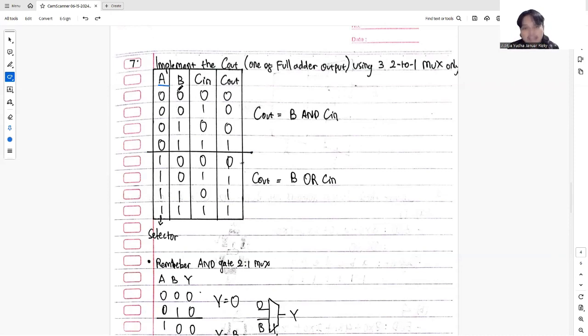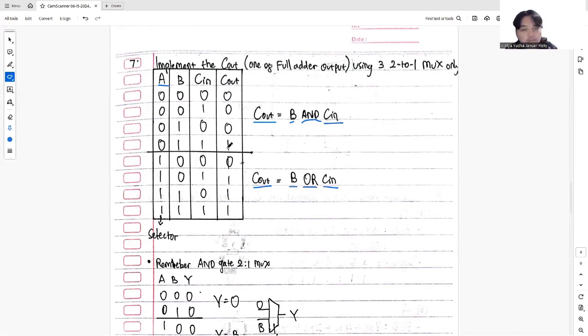When A is 0, I can conclude the cout output is equal to B and Cin using an AND gate. And when A is 1, the cout output is B and Cin using an OR gate.